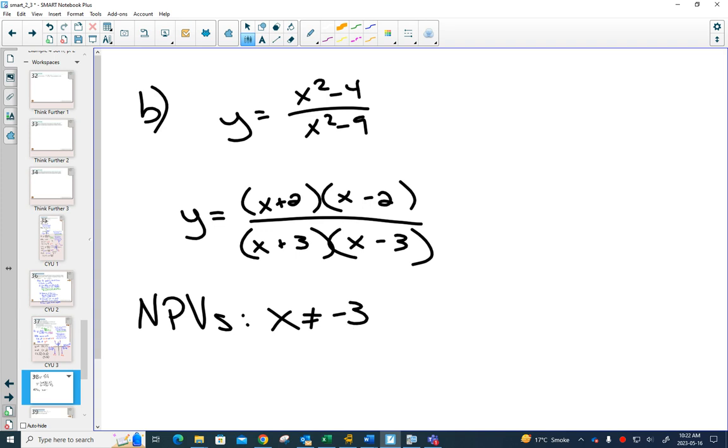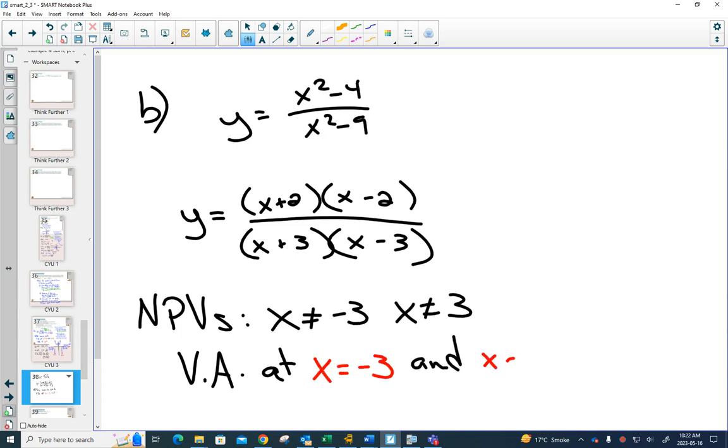And sort of non-permissible values. X can't equal negative 3 and x can't equal 3. Do any of them cancel out? No. Since they don't cancel out, we know that we have vertical asymptotes at x equals negative 3 and x equals 3.